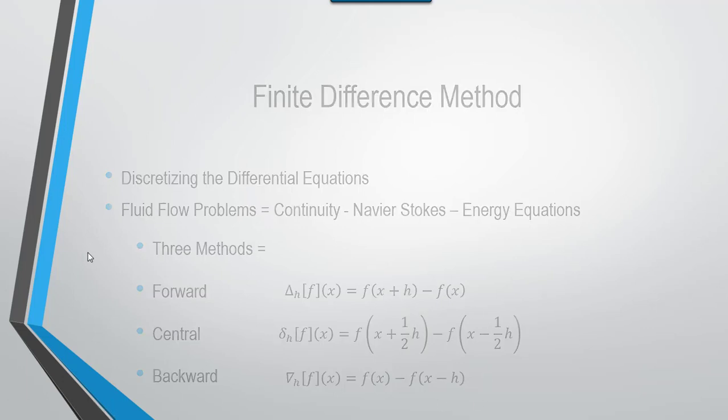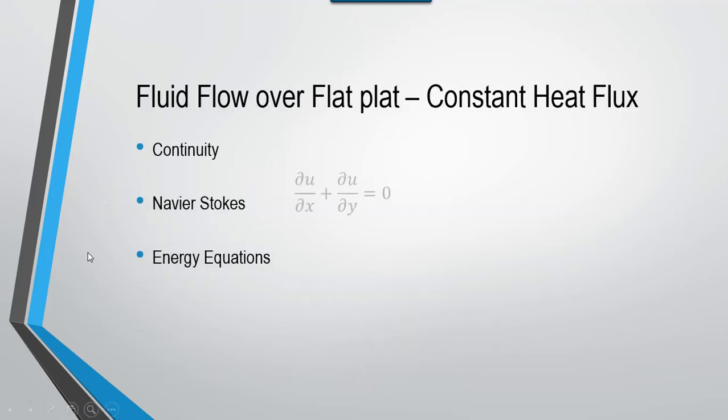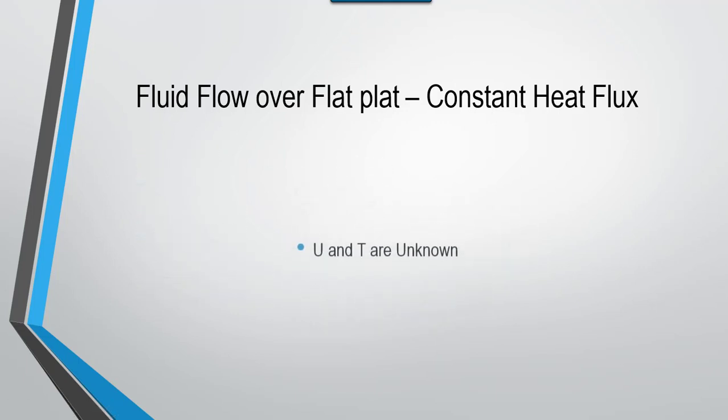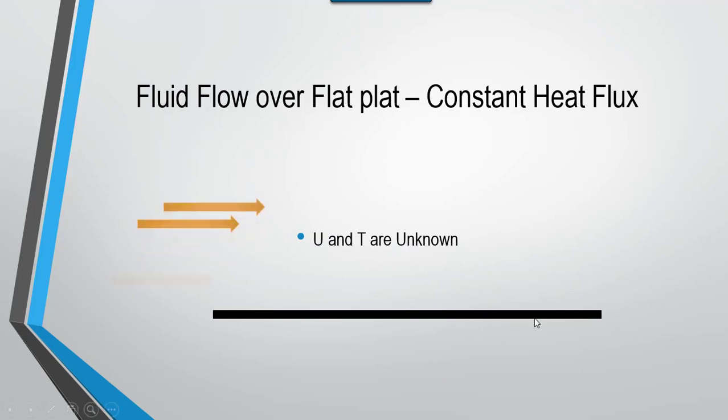To simulate flow on a flat surface that receives a constant thermal flux, velocity and temperature are studied as unknowns. To obtain these unknowns, the Navier-Stokes equations, the energy equation, and the continuity equation will be used, as mentioned earlier.